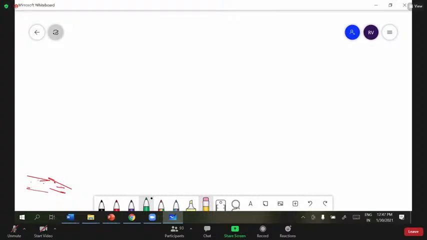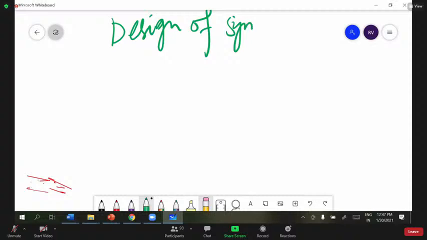Okay. So now we'll see the concept of the synchronous counters. Design of synchronous counters.